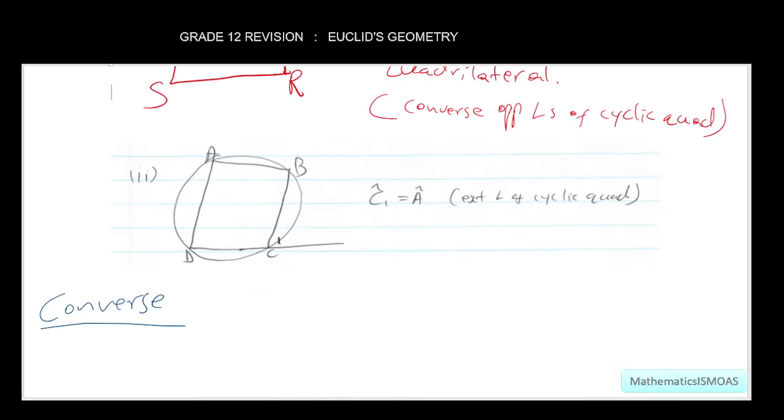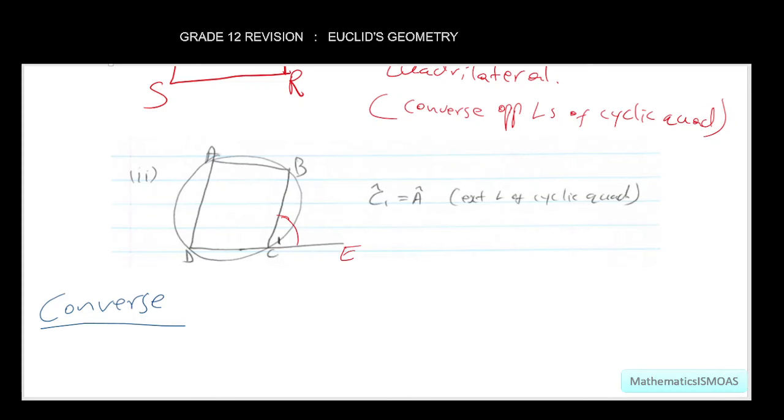And then number two, again, we are having cyclic quadrilateral ABCD, where DC is produced to E, or is extended to E, meaning DE is a straight line. Then we are saying the exterior angle of a cyclic quadrilateral is equal to the interior opposite angle, meaning the exterior angle will be angle C1.